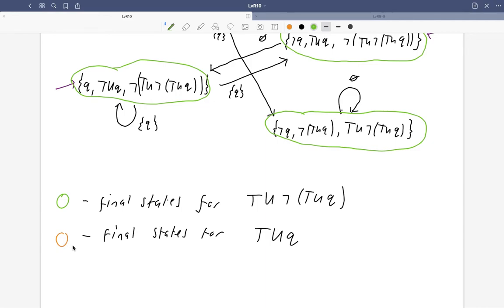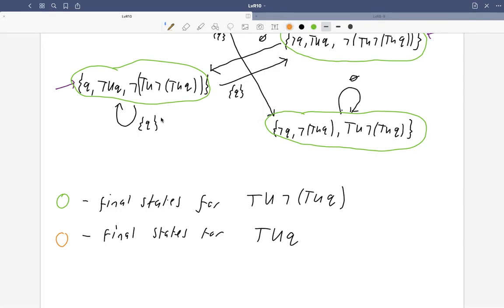So for the orange states, we're going to have all those states that contain Q, and all those states that contain not true until Q. So let's go to orange.